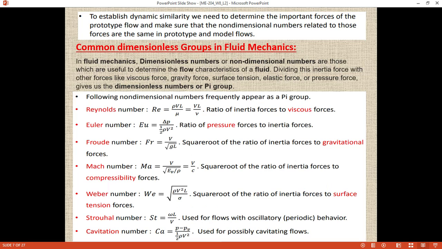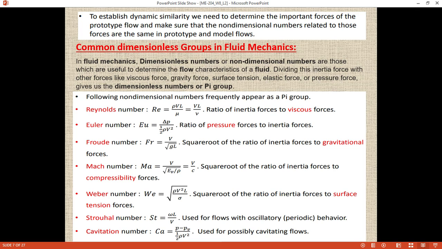To establish a dynamic similarity, we need to determine the important forces of the prototype flow and make sure that the non-dimensional numbers related to those forces are the same in the prototype and model flow.